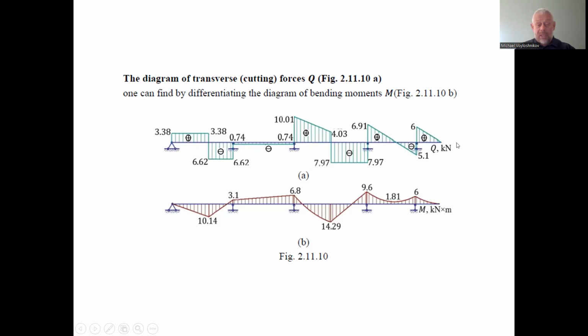So the area of the triangle is half of the product of the magnitude by this leg: half of 2 meters is 1 meter, and the magnitude 6. 0.5 product by 6 and by 2 is 6.